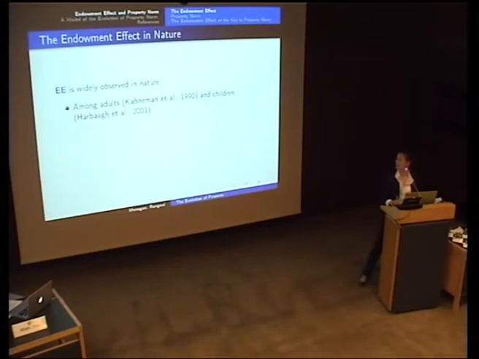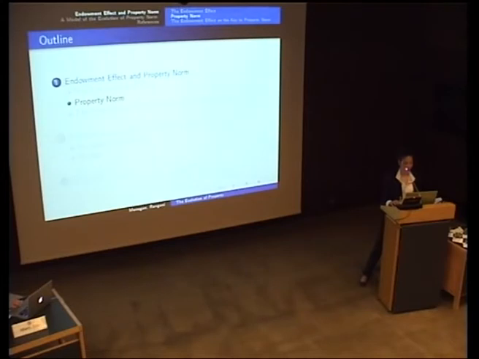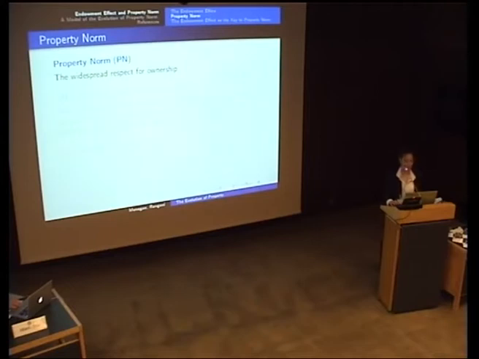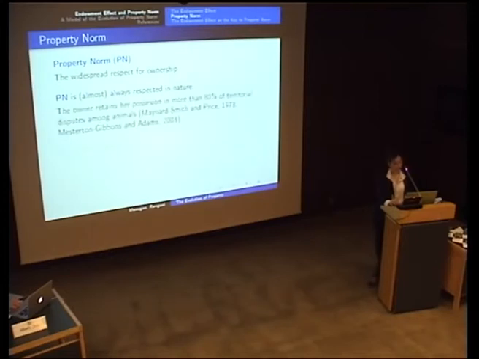The endowment effect has been widely observed in nature among adults and children and among animals. For example, butterflies, horses, great apes, and wasps, and many more. All these experiments concerning animals imply that the endowment effect is related to property norm. Property norm is simple: the widespread respect for ownership. And it is almost always observed in nature, where the owner retains her possession in more than 80% of territorial disputes among animals.